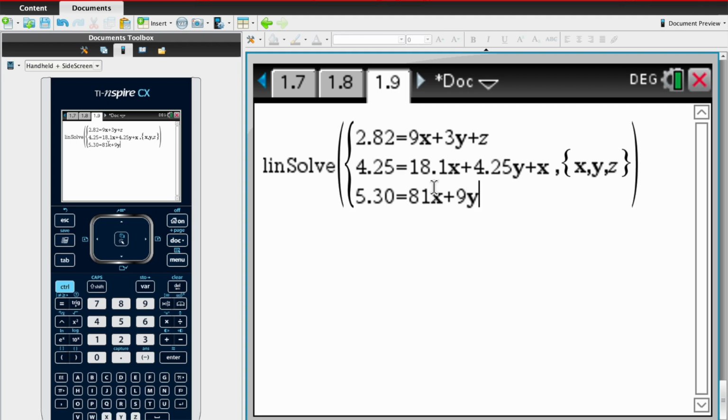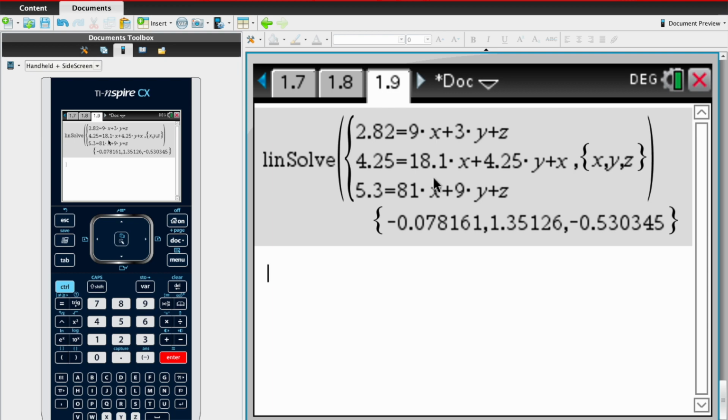I just think there's a lot of ways that this can potentially go wrong. 2.82, 9x plus 3y, that's good. 18.1, 4.25 plus c. 5.3, okay. 2.82, 18.1, 81, x, y plus z. To be honest, I'll have to see.